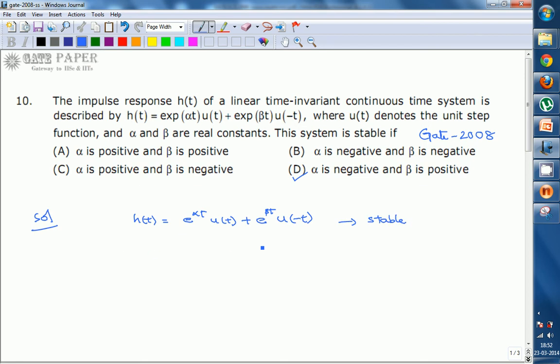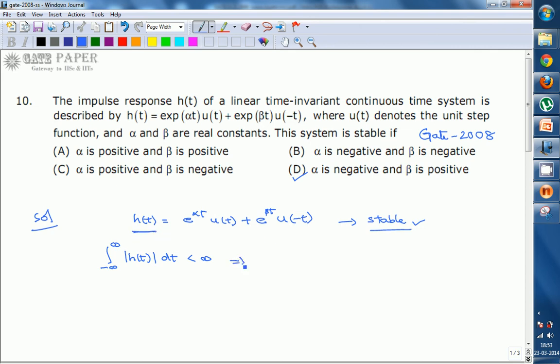In order to check the condition for stability, for continuous time systems given an impulse response, the integral from minus infinity to infinity of mod h of t dt must be less than infinity. This has to be satisfied for a stable system. So we will check this condition for the given impulse response h of t.